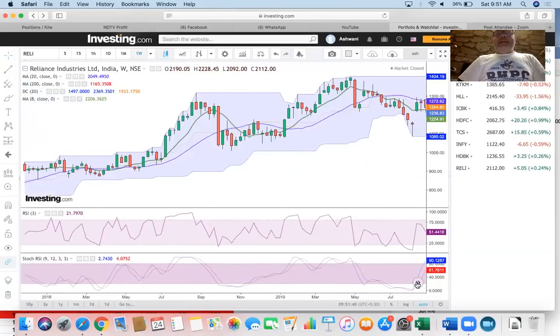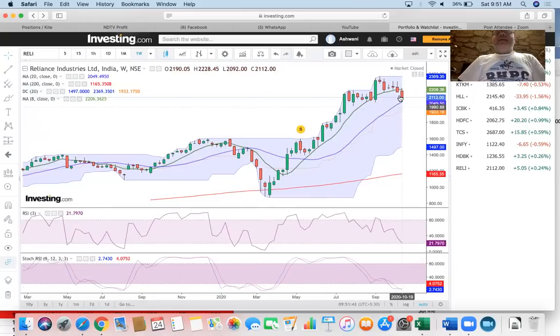Let's see the weekly chart on Reliance. The previous week low was 2172, close was 2175, and high was 2304.